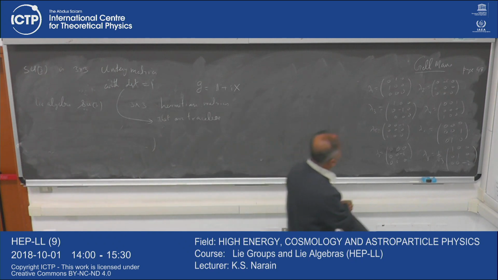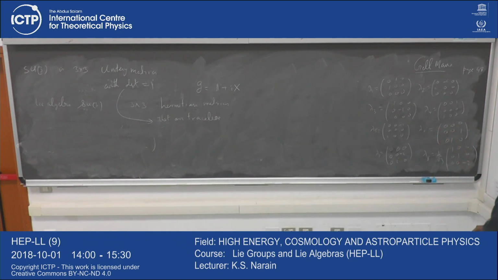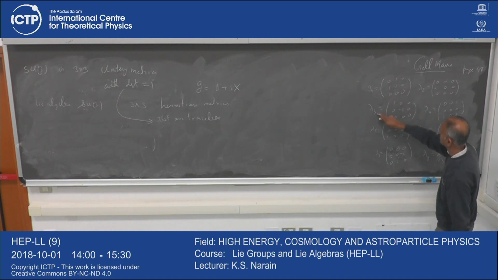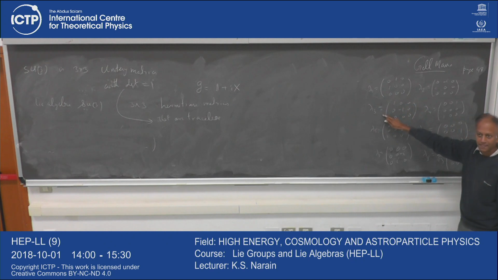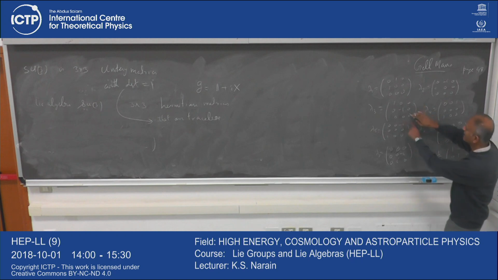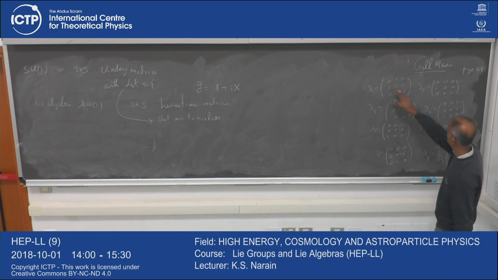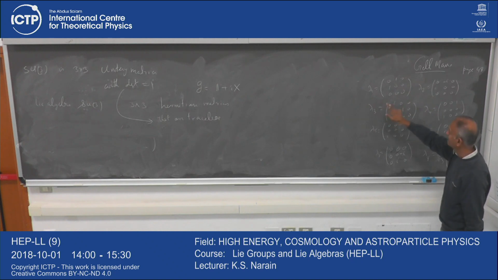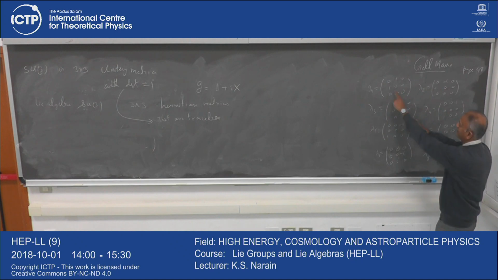If you look at these matrices, one thing you immediately notice is that the three matrices lambda 1, lambda 2, lambda 3 are exactly like our SU2 Pauli matrices, where the third row and third column are all set to 0. In fact, if you look at their algebra, if you take commutation relations between these three, you see that they close. The commutator of these two will give you some number times that, and similarly this with that will give you some number times that, and so on.